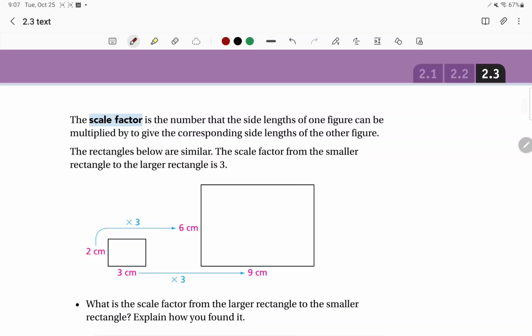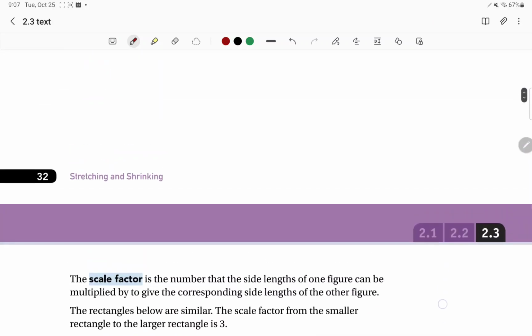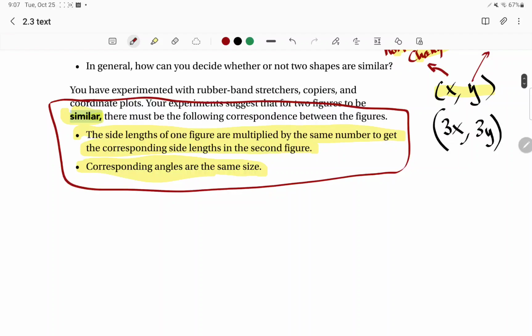Now let's take that idea of what it means to be similar and how to find similar shapes, more specifically right here. This number that I multiplied the x and the y by, that is what we are going to be calling the scale factor. So right there and right there, those are the scale factor. It tells us how much we are going to enlarge or shrink this figure.